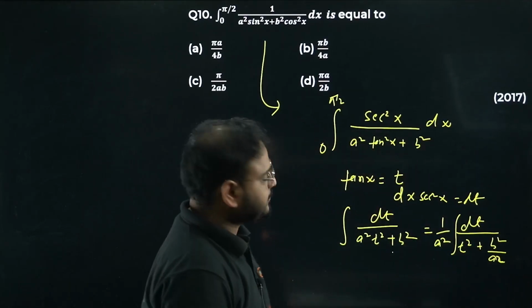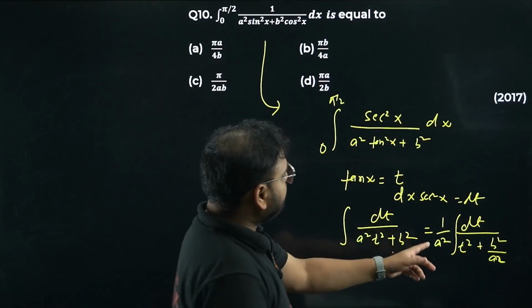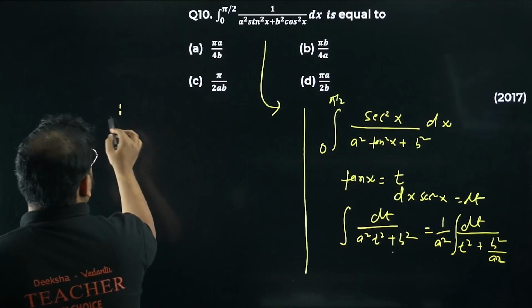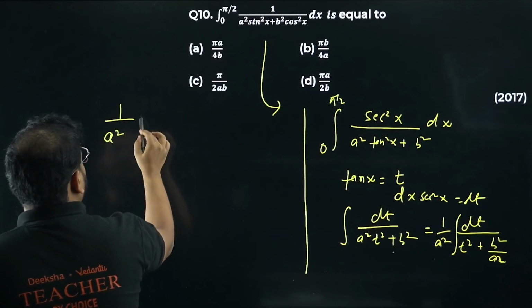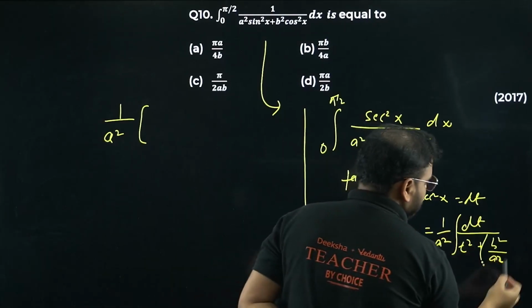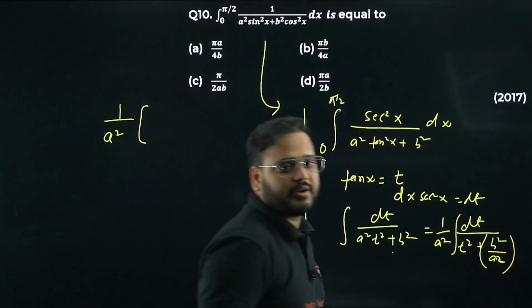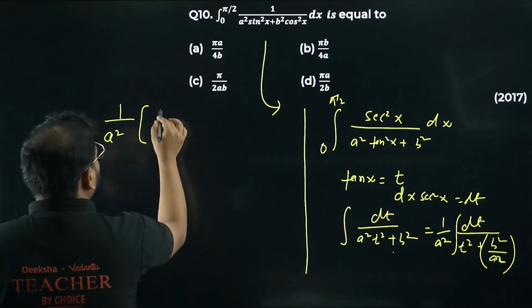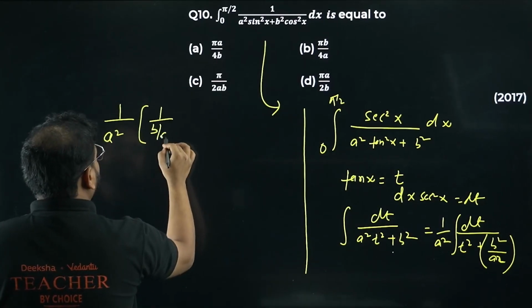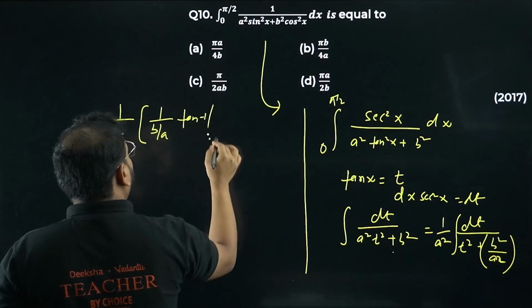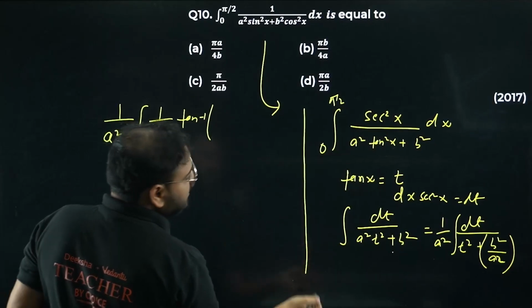Now I'm going to integrate this. This is a formula for this part, right? 1 by a square is outside. I have the formula as 1 by a, where this a value is b by a the whole square. So we have 1 by that, and we have tan inverse of t by a.